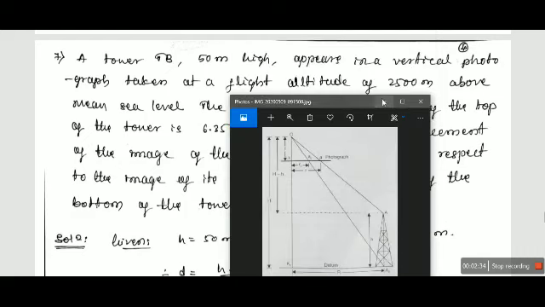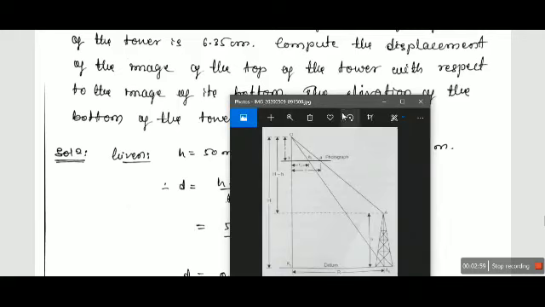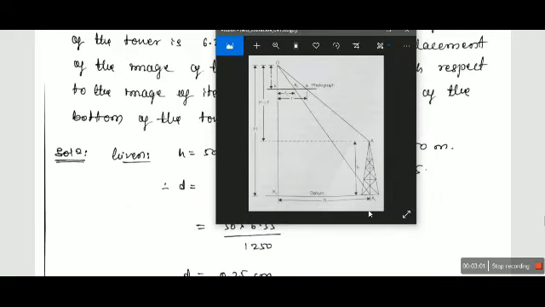Now solving this one, first write down the given data: small h is given, and capital H is taken with respect to the bottom of the tower to the camera height. The total height from the datum is 2500, minus the height of the bottom from the datum, which is 1250.